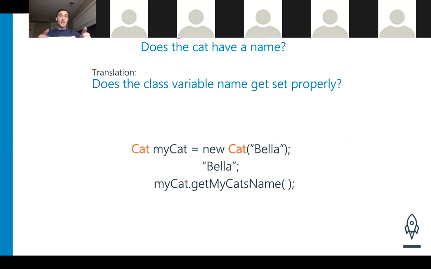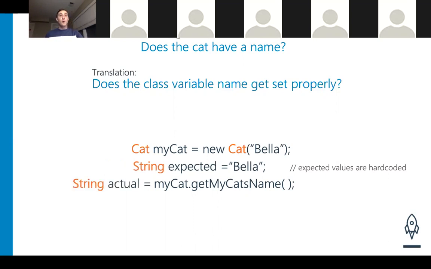Bella is what I expect to be there, which is going to be hard-coded in our test. We always hard-code our expected values. But I need to actually get back what actually comes back from the method. Therefore, I get the actual from the method itself.